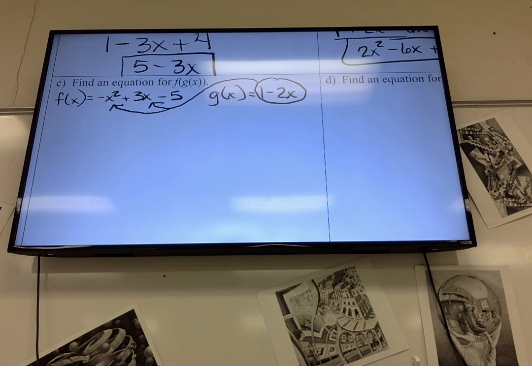Okay, you can't just put that negative in there first. You got to square it because order of operations, exponents before multiplication. When you square this, it's not just that number squared and that number squared. You have to do 1 minus 2x times 1 minus 2x and FOIL it. Or use the shortcut that we talked about.